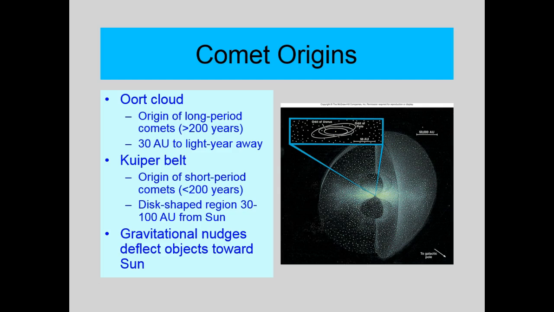So it might be this little bit here would be the Kuiper belt there. And it's pretty much in the disk, okay? Disc-shaped region, 30 to 100 astronomical units from the sun, whereas the Oort cloud would kind of engulf the Kuiper belt too, but it would be all this around and going out to a light year away.